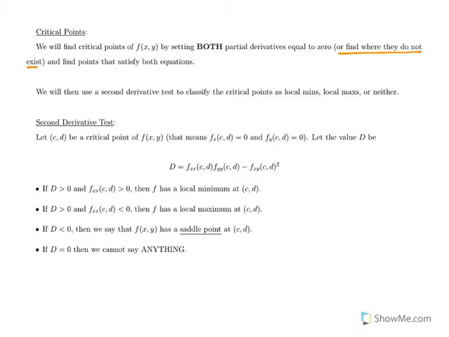So here's the second derivative test with functions of 2 variables. Let (c, d) be a critical point. So that is an xy point where the partial derivatives are both equal to 0. So again, f sub x is 0, f sub y is 0 at that point. And we are going to look at this new value, capital D. So this capital D looks kind of random, but let's just go through it real quick. You are going to look at all 4 different kinds of partial derivatives, f sub xx, f sub yy, f sub xy, and f sub yx.